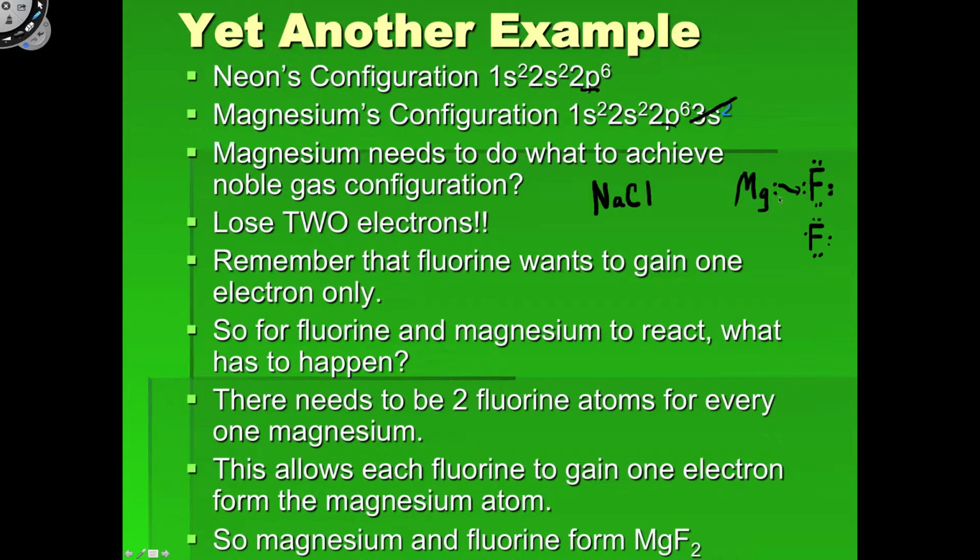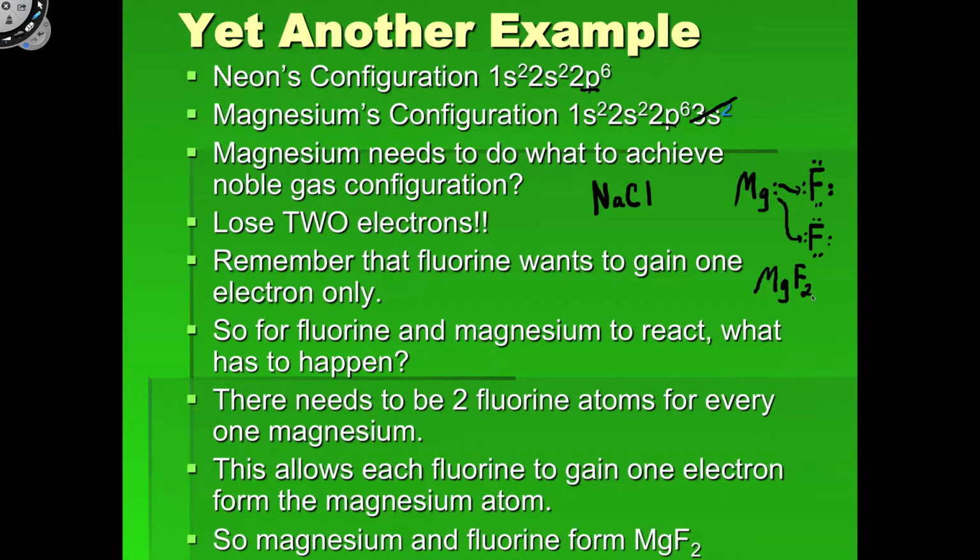So this electron here is going to be donated to this fluorine. And what's our ratio? Well, it's 1 Mg for every 2 fluorines. So our formula is MgF2.